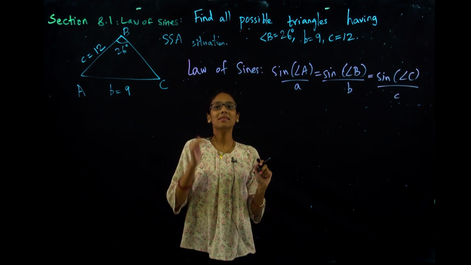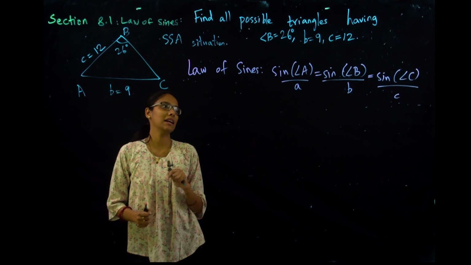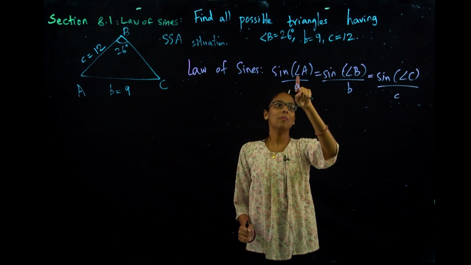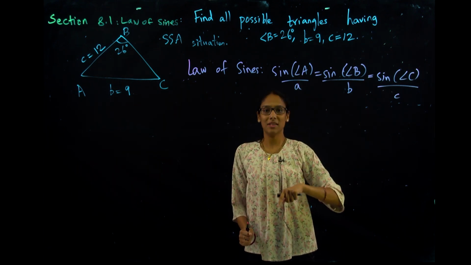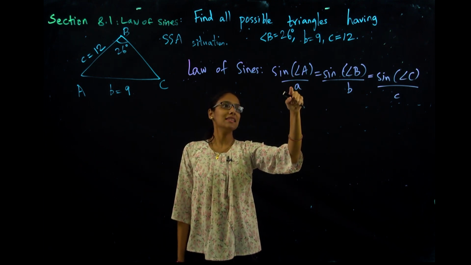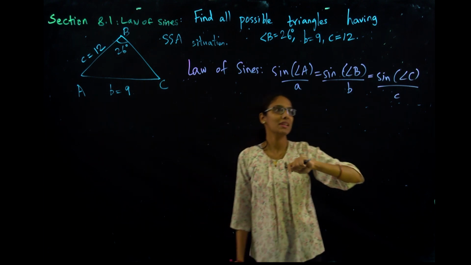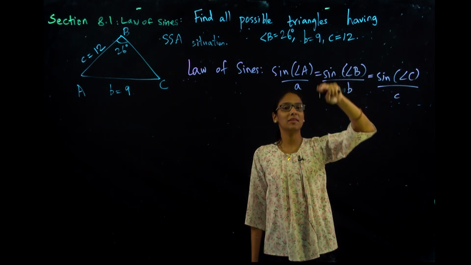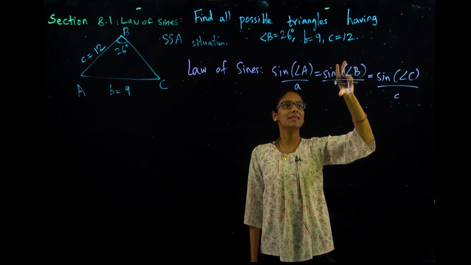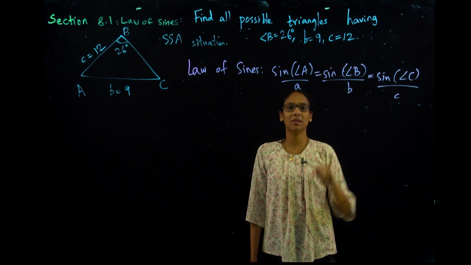Why are we using this law? It's because we have to find all the missing measurements for this triangle, and this law precisely covers all those missing measurements. And the advantage here is, if you can see, we are given angle B and side b, which means this middle fraction is completely given to us. So using this fraction and setting the others equal to it, you can solve for the missing pieces.